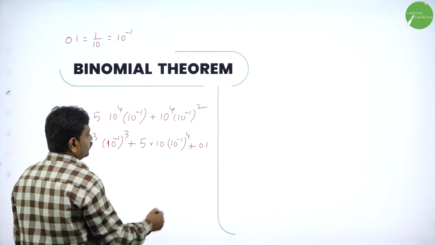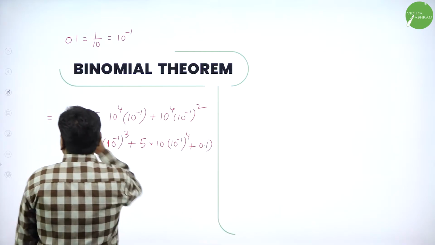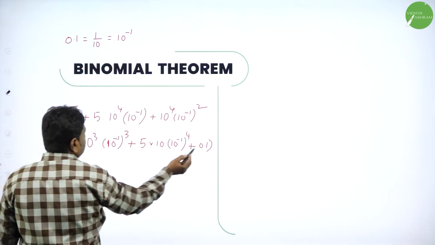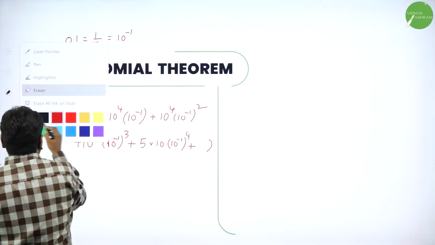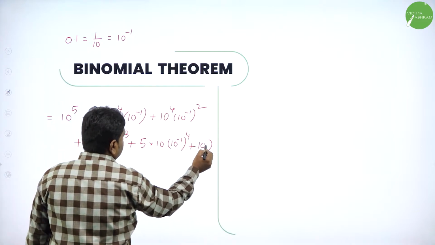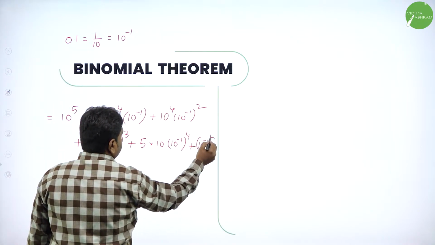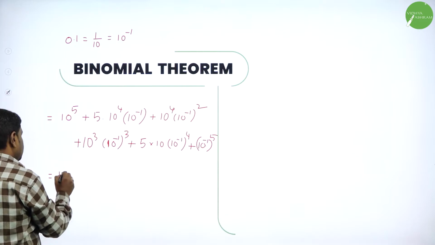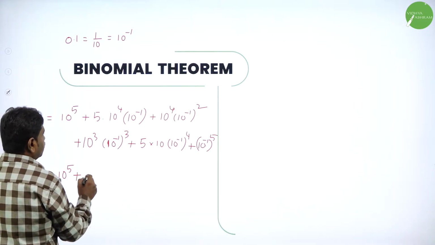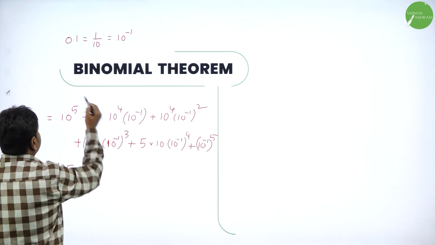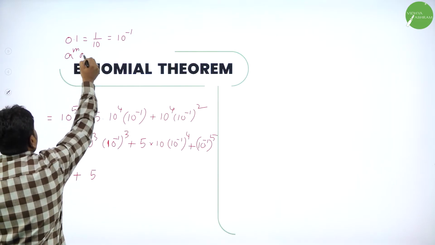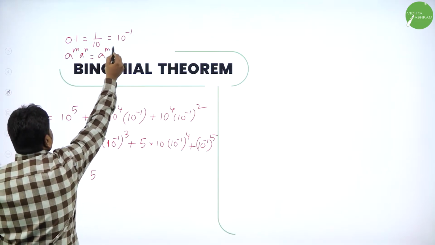Now this can also be written as 10 power minus 1 whole power 5. Now simplify this. First term is 10 power 5. Next we'll have 5 into a power m into a power n. All of you know the law of indices: a power m into a power n can be written as a power m plus n.